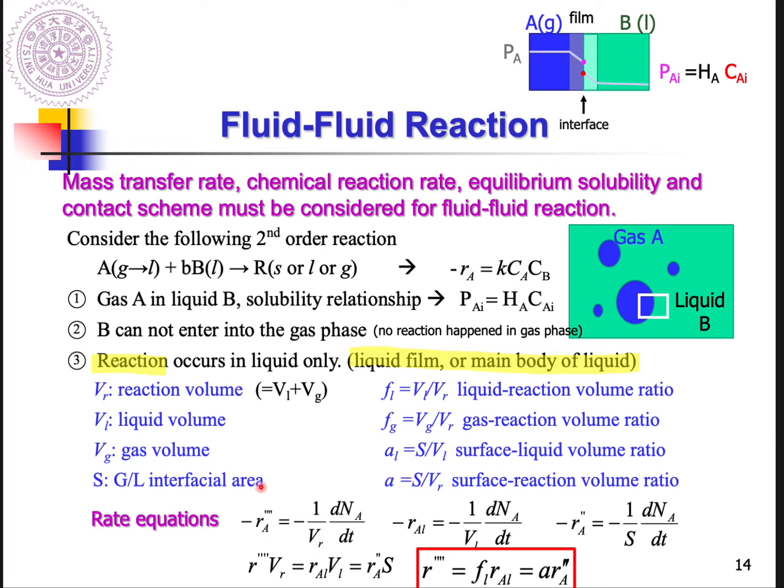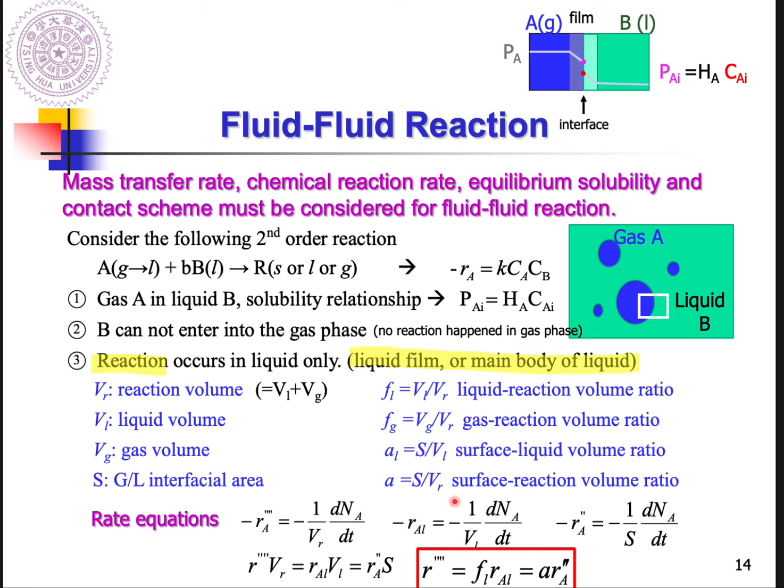So usually for fluid-fluid reactions we use volume per volume to express the rate equation. And minus r_AL is the consumption rate of reactant A per liquid volume. And the double prime, because some reactions only happen in a specific region or on a specific area, is the consumption rate per interfacial area, which can also be another option.